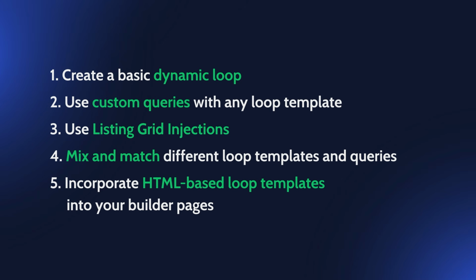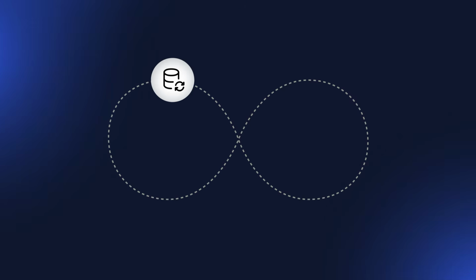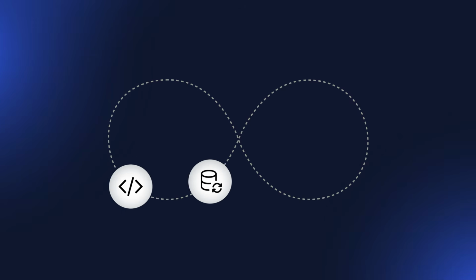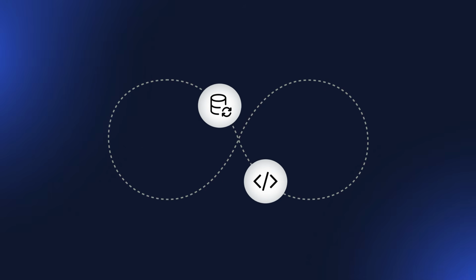First, let's briefly clarify the definition of a content loop. It's not WordPress specific, but a general concept used in any system that works with dynamic, database-driven data, regardless of the CMS and programming language. So a content loop is a repeatable structure that iterates over a set of data and outputs each item using the same layout.